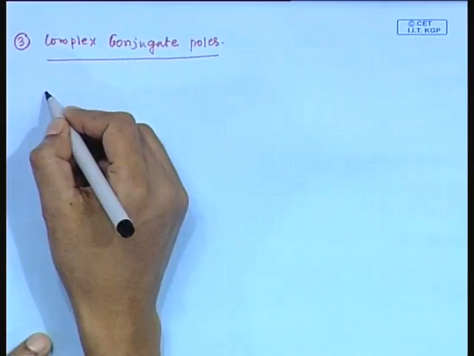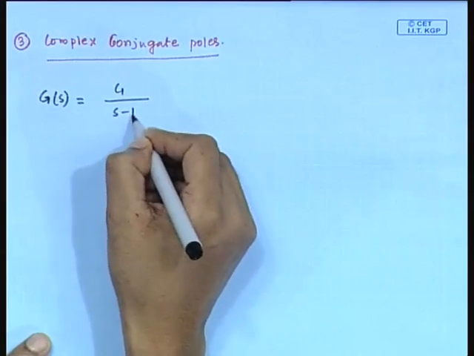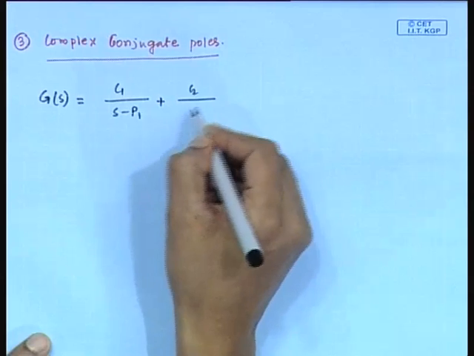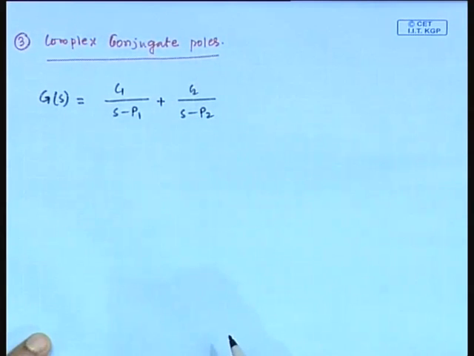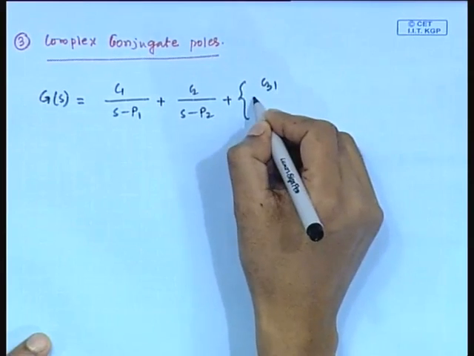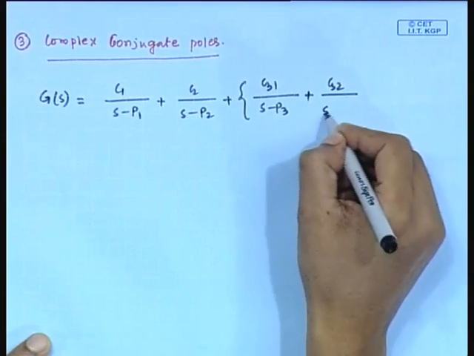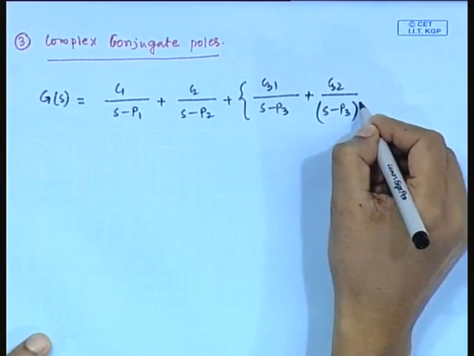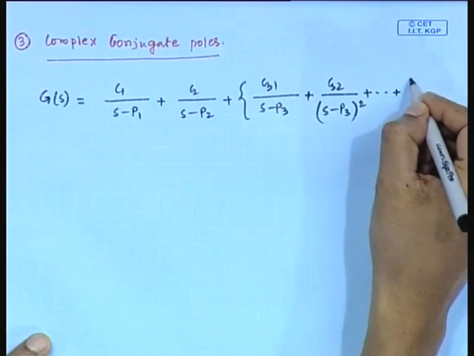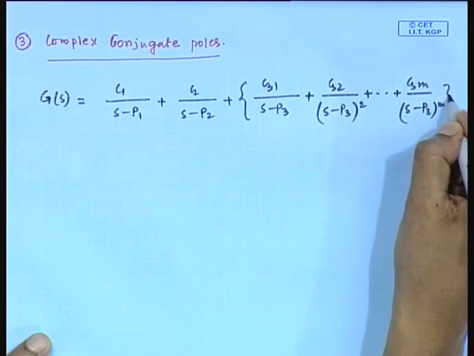The general form of transfer function, I am again writing that: C1 over s minus P1 plus C2 over s minus P2. These two right hand terms we have considered for the two distinct real poles. Next term we have considered for the multiple real poles, C3 over s minus P3 whole square up to Cm over s minus P3 whole to the power m.